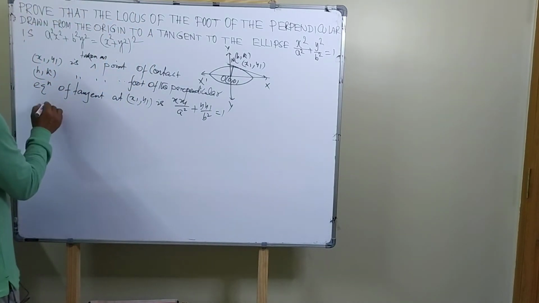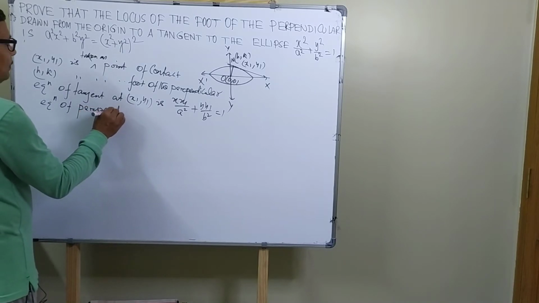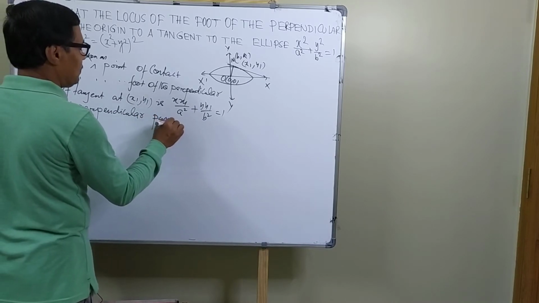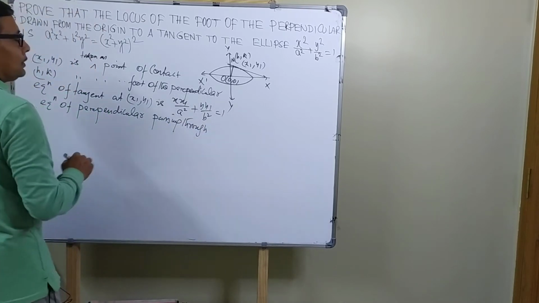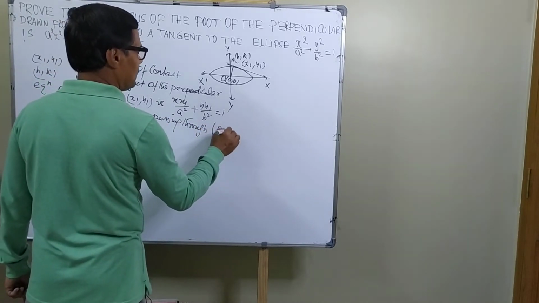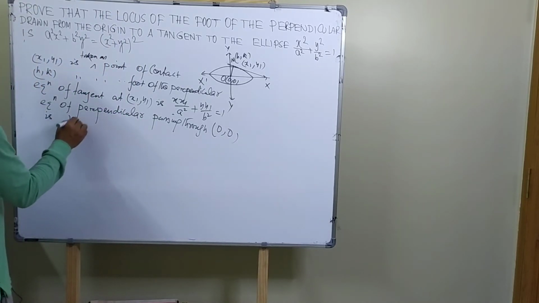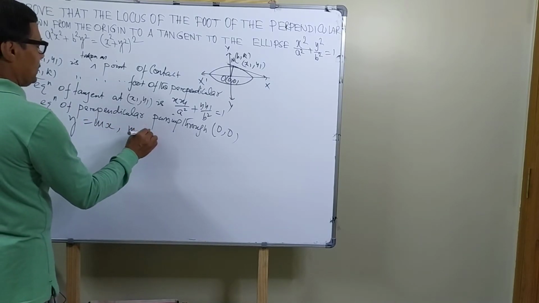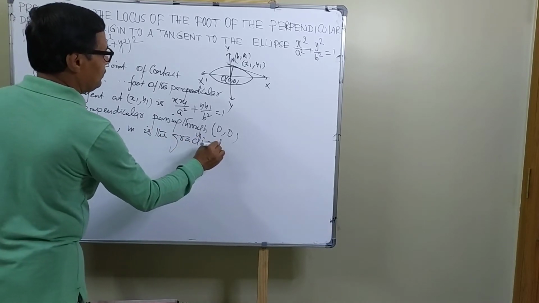So equation of perpendicular passing through 0 0, that is origin, is of the form y equal to mx. m is the gradient of this perpendicular.